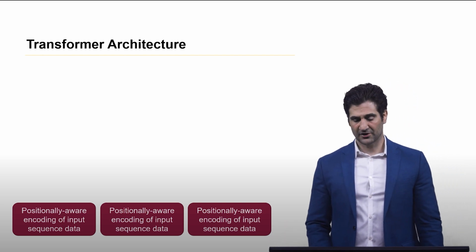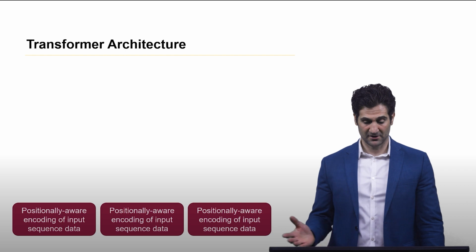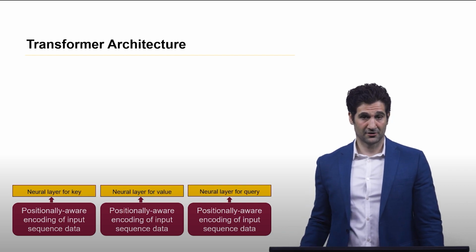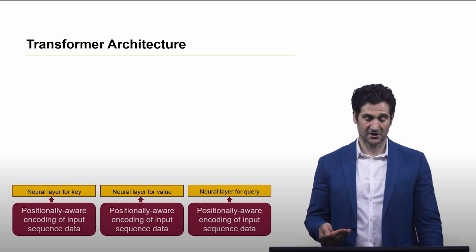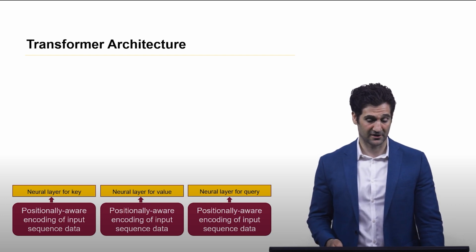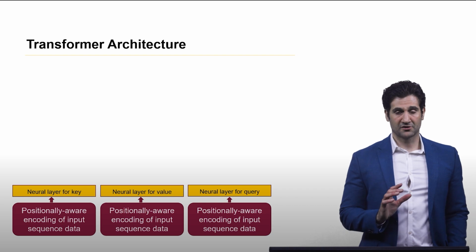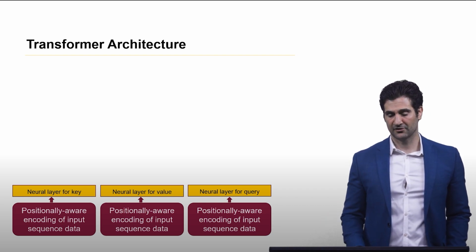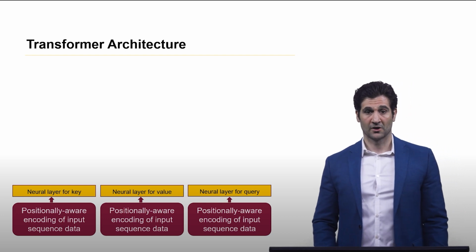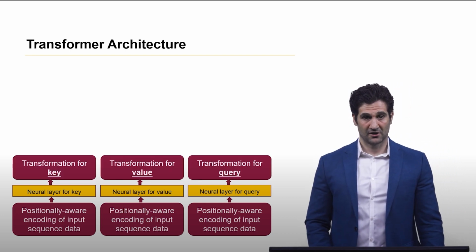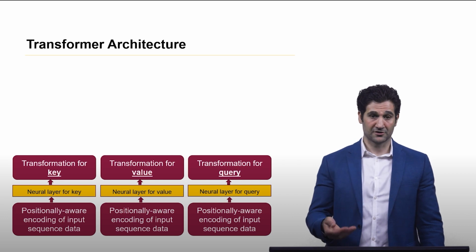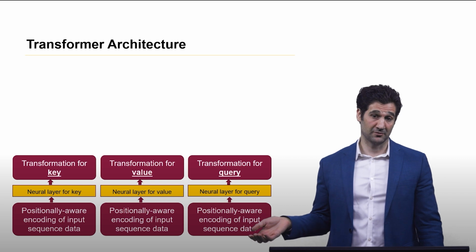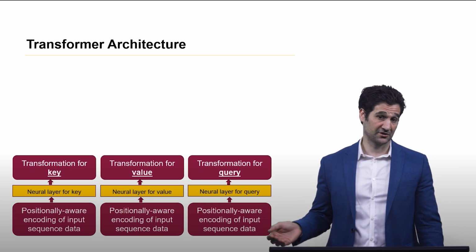And with each time it's repeated in this first layer, it's going into a neural layer or a series of neural layers, depending on the architecture. And one is for what's called the key, the other is called the value, and the third is for the query. So those neural layers are giving you those 3 transformations of the input. So you have 3 different transformations of the input.